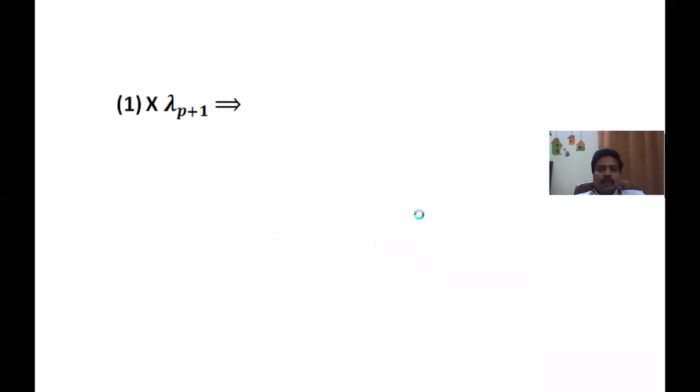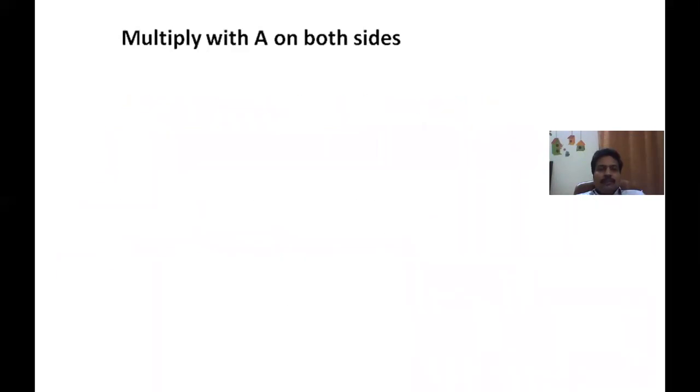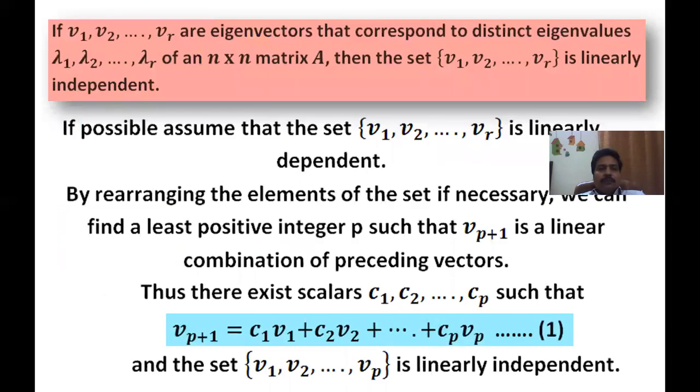Let us quickly go through it once again. If V1, V2 and so on Vr are eigenvectors corresponding to distinct eigenvalues lambda 1, lambda 2 and so on lambda r of an n by n matrix, then the set V1, V2 and so on Vr is linearly independent.